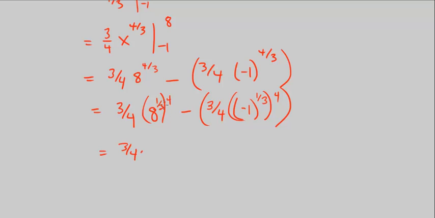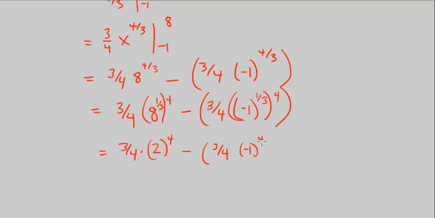3/4 times, well, 8 to the power of 1/3. I know the cube root of 8 is 2, because 2 times 2 times 2 is 8. So this is times 2 to the power of 4. I'm just simplifying now. 3/4. -1 to the power of 1/3 is -1, because -1 times -1 times -1 is -1.